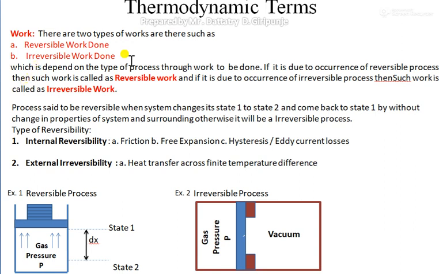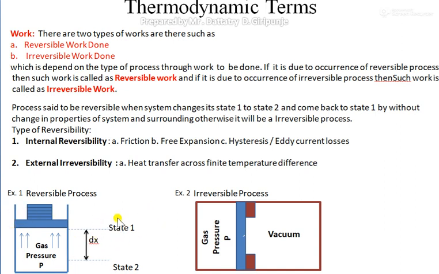Now how can we say a process is reversible or irreversible? It is said to be reversible when the system changes its state from 1 to 2 and comes back from state 2 to state 1 without changing any property of the system and surrounding.